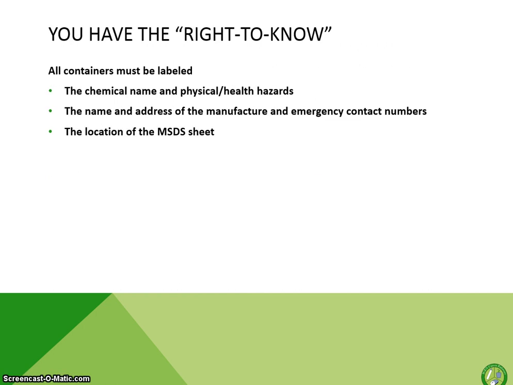The law states that you have the right to know. You have the right to know what chemical hazards you may be exposed to. And information about all of the chemicals can be found on the material safety data sheets. You will learn where the location of the material safety data sheets are in the lab.